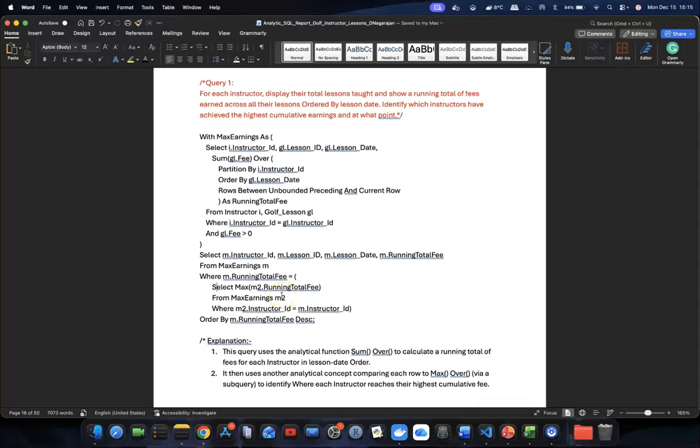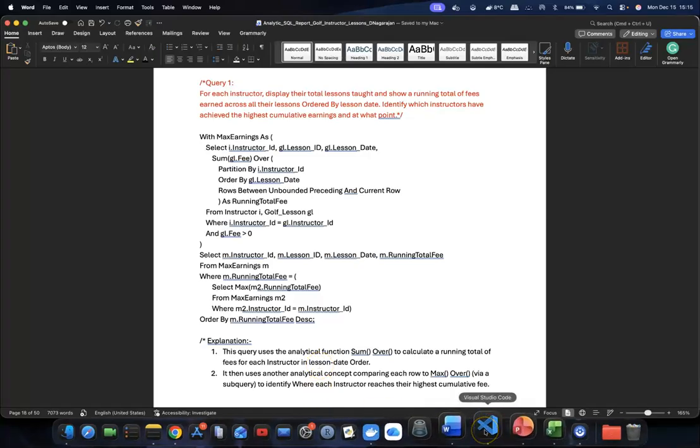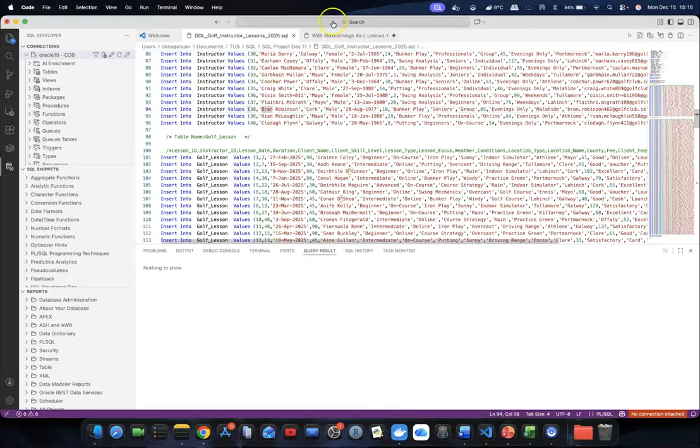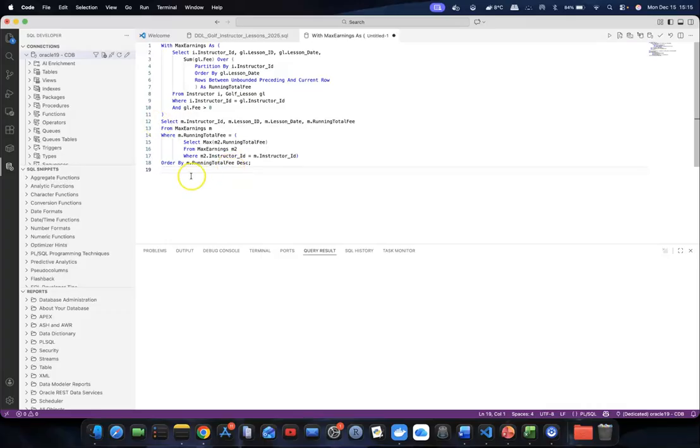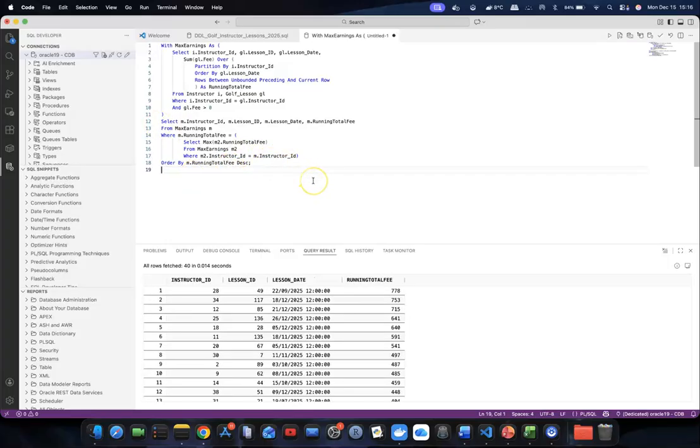On which specific lesson date, if we go to Visual Studio, I have already copy-pasted the code here. If we run this, we will be able to see who has earned the most overall and on which specific lesson.